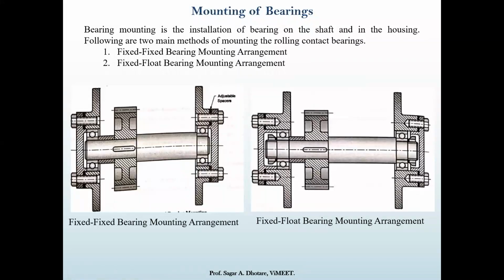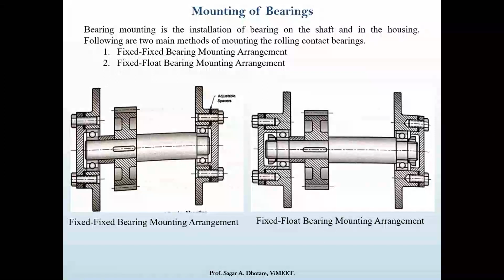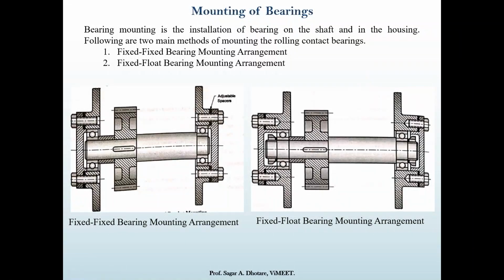Okay, so what is meant by mounting of the bearings? It is nothing but an installation of the bearing on the shaft in the housing. There are two types of mounting arrangement shown in the figure. The first one is fixed. In fixed, both bearings are fixed, as shown in figure number 1.